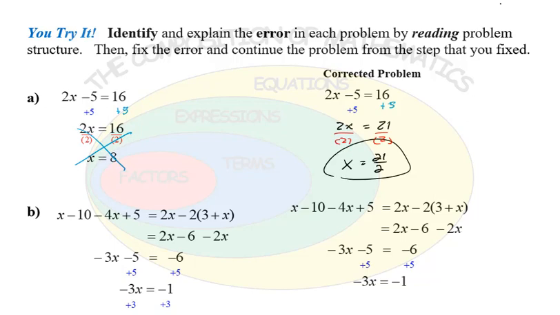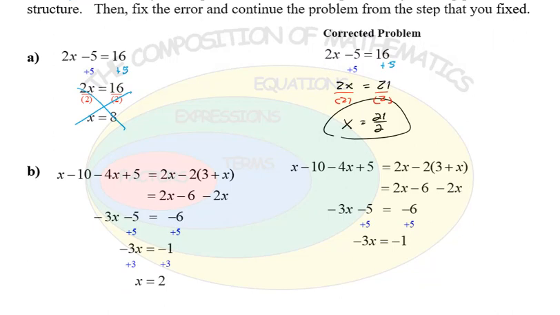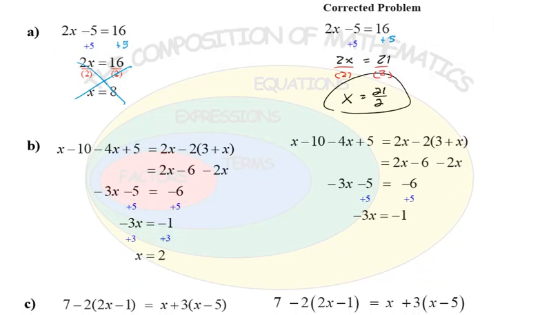Alright, in the next problem, if we look through here, it looks like we were simplifying each side. On the left side, we're combining terms. The x terms, negative 4x and x is negative 3x, so that looks good. Negative 10 and positive 5 is negative 5, so that looks good.